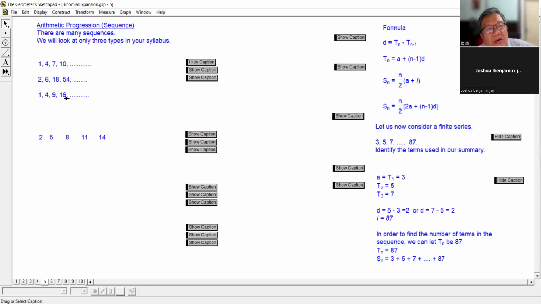This one? 4 square. What is the next number here? 5 square. 5 square is how much? 25. Correct, 25. Okay.